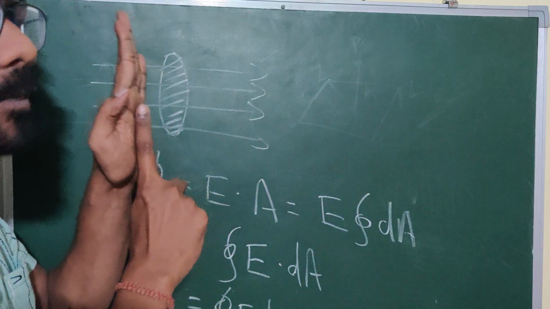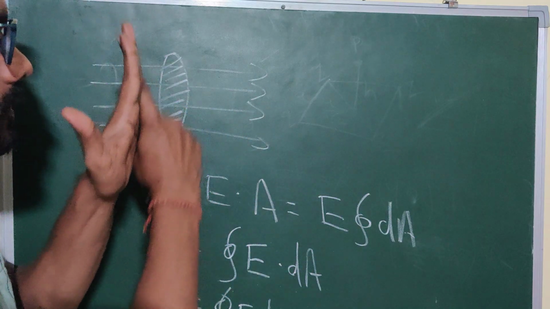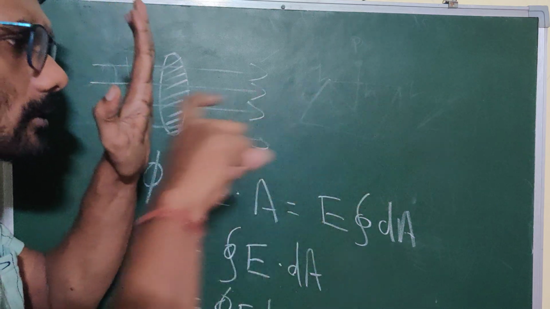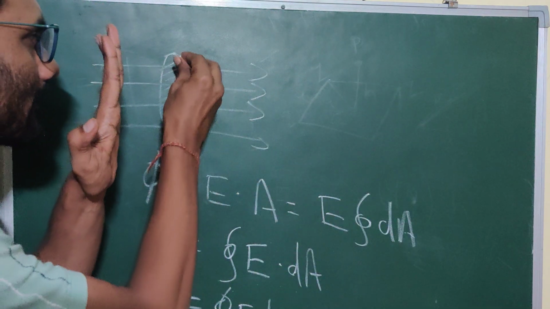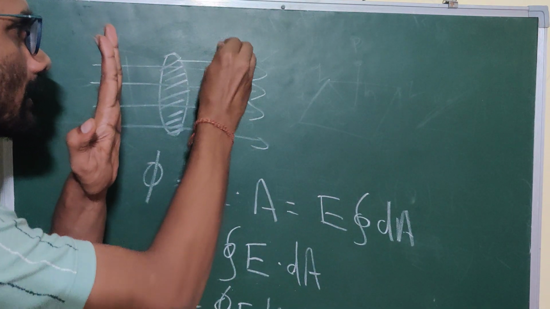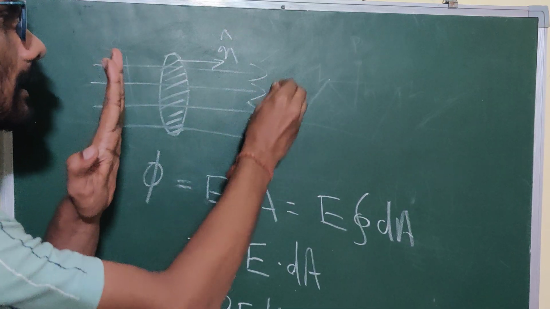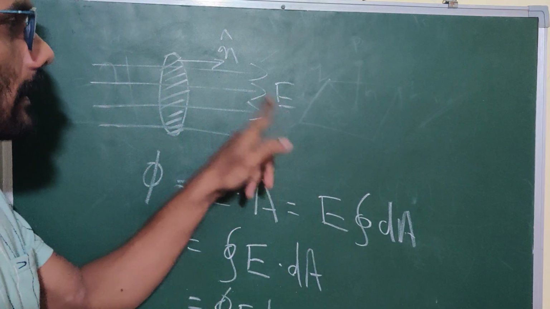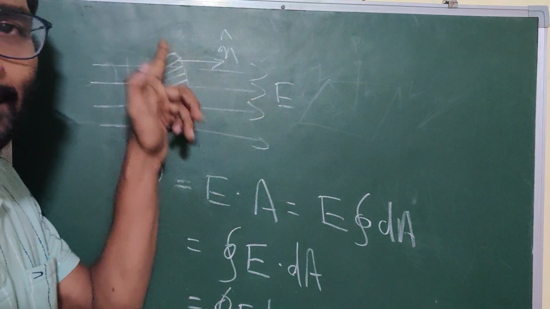The area vector is perpendicular to the face, so the area vector is also in this direction, and the electric field is in this direction. So the angle between the electric field and the area vector is 0 degrees, the same direction.